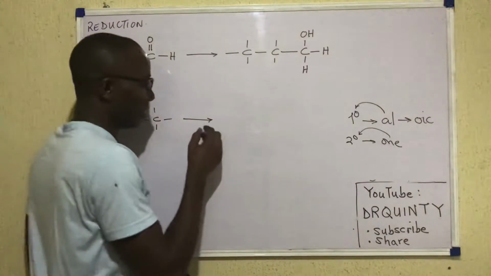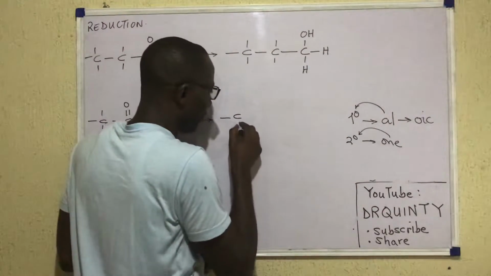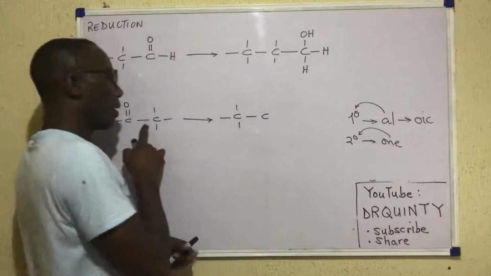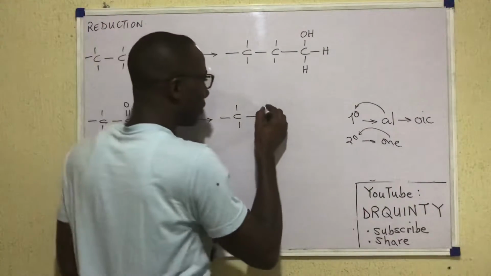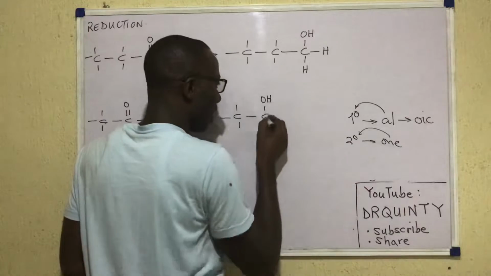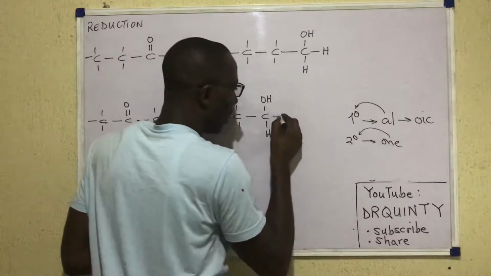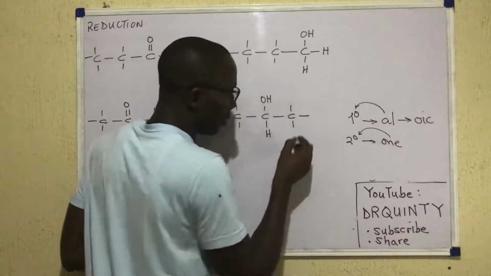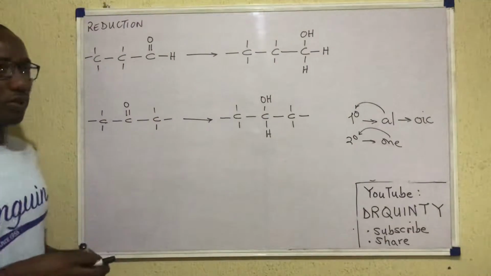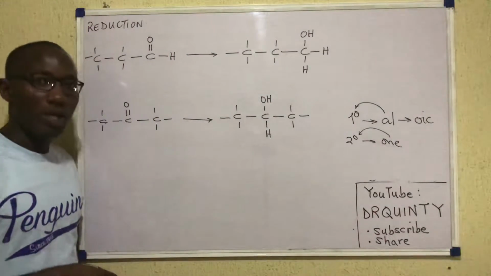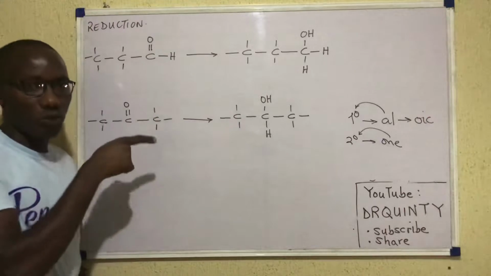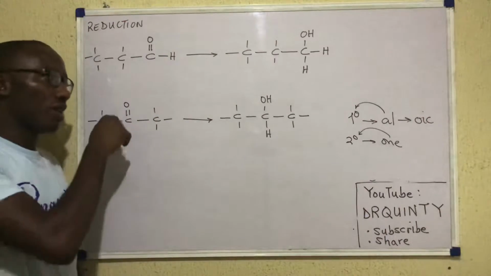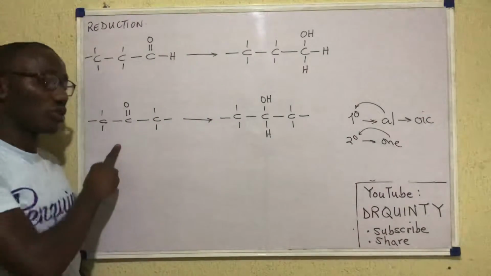Then in this case, I'll have CH3, then C. My double bond O becomes single bond OH, and then down here I have H, and then on that side I have CH3. This time around the compound is called propan-2-ol. So propan-1-ol is primary but 2-ol is secondary, and they are the products we get from the reduction of these two.